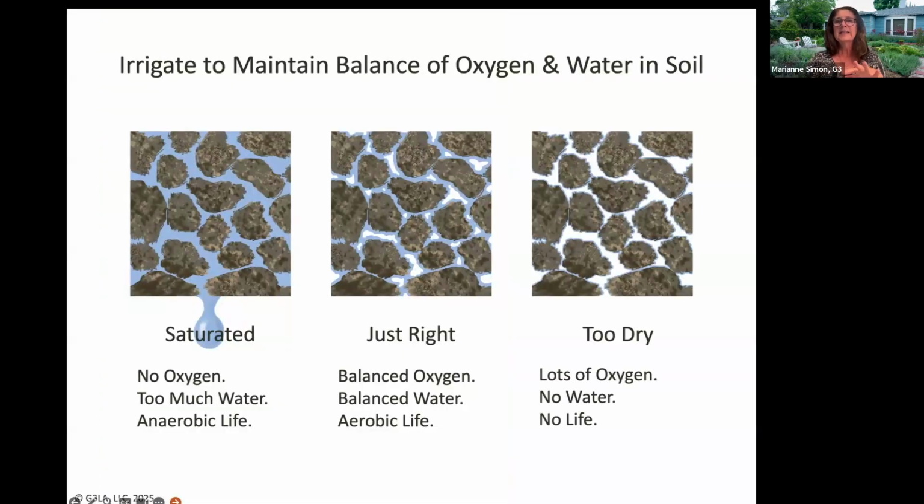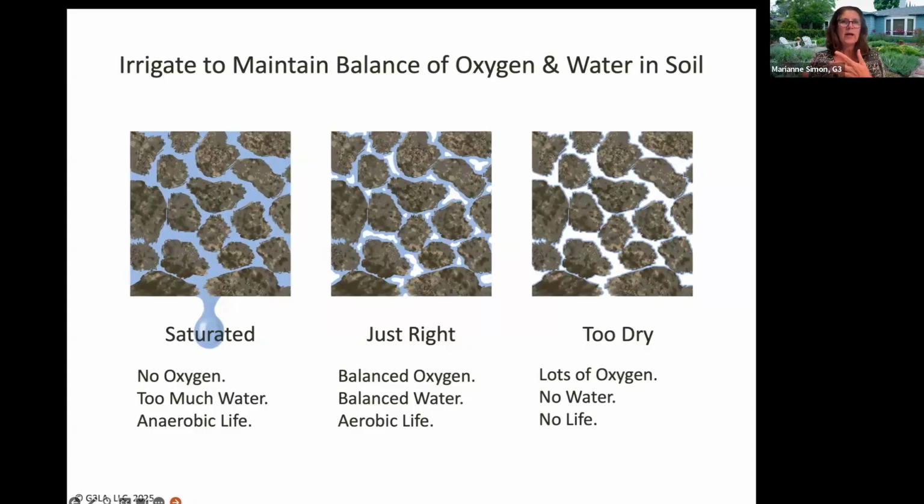And then, of course, and this is very important when it comes to the health of your garden, the idea that when we irrigate, we are striving to find a balance of oxygen and water. So oftentimes, most of the time, when people think about irrigation, it's like, oh, I need to add water to my plants. But really what we're looking for is making sure that there's water in there, but that there is also oxygen in there.